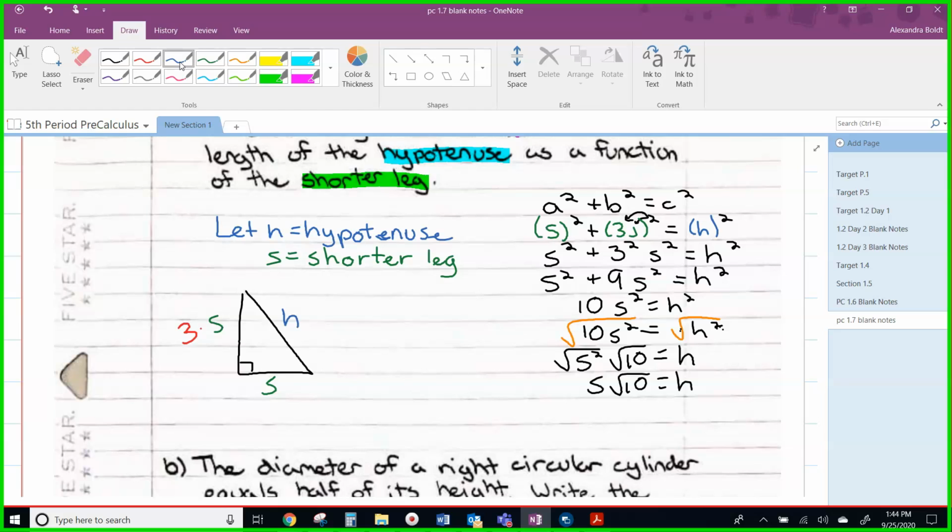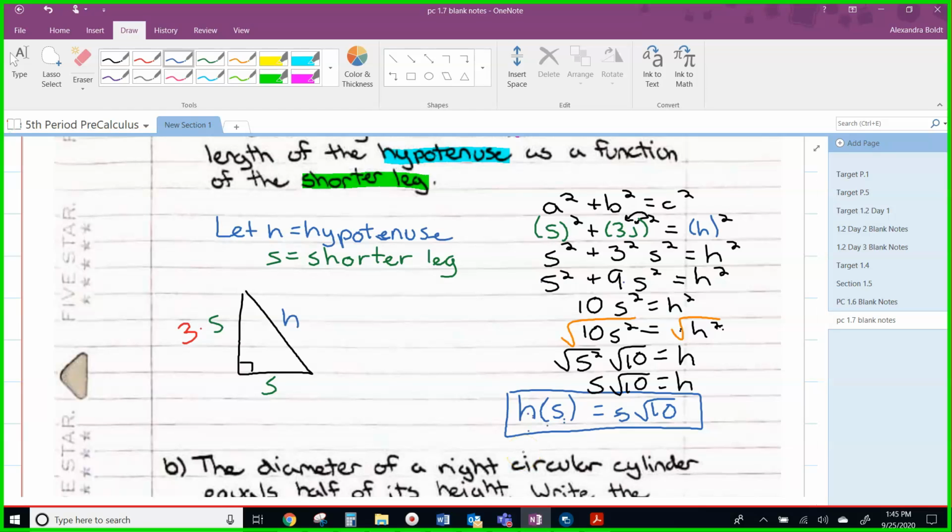And the last thing I'm going to do is write this as a function. So h as a function of my shorter leg equals s square root 10. So we just change it into our nice function notation.